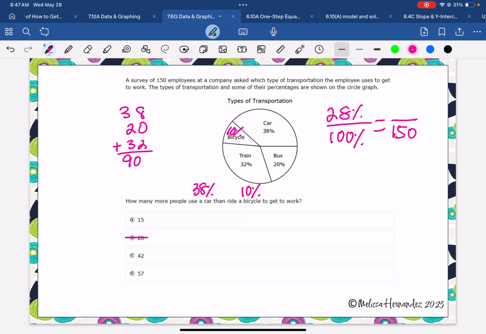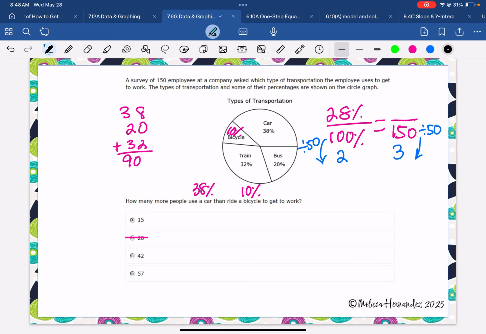I don't want to do either because I don't want to deal with remainders. So what I will do is scale down 100 and then 150, meaning I'm going to find a number that goes into both of them that won't leave a remainder. And I know 50 can go into both of them. If I scale down 100 by 50, or 100 divided by 50, I end up with 2. And then 150 divided by 50 will give me 3.